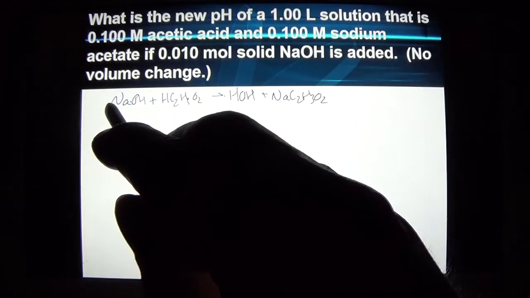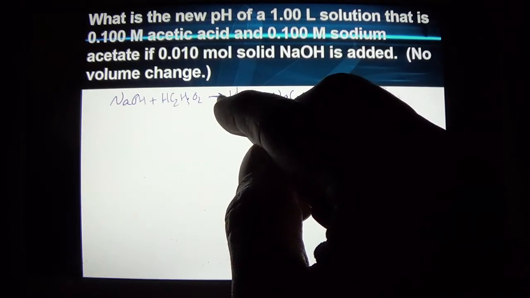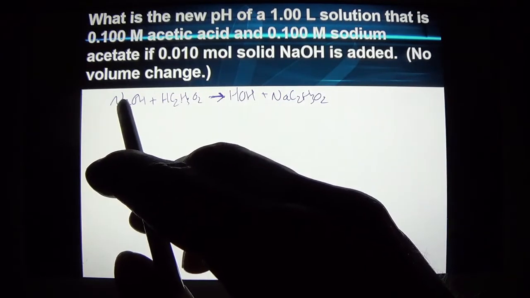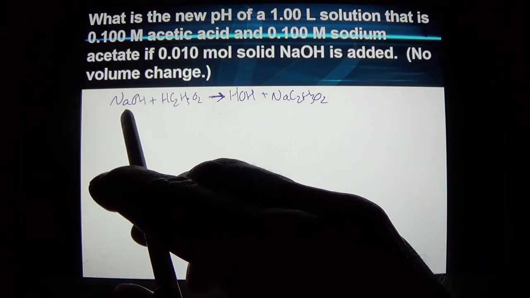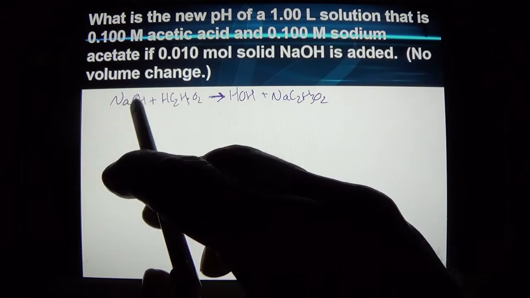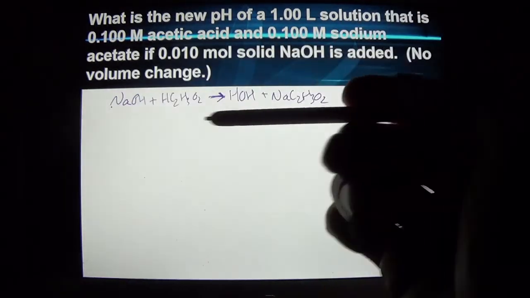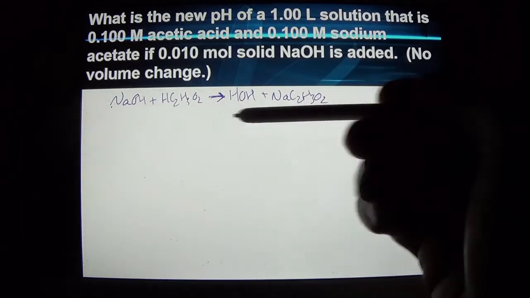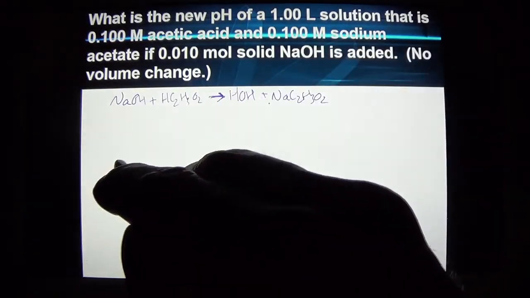Okay, now check this out. I'm going to draw this as a one-way arrow because sodium hydroxide is a strong base. By definition, a strong base is going to dissociate, so I would never have a reverse reaction occur. So it's going to force this to completion.